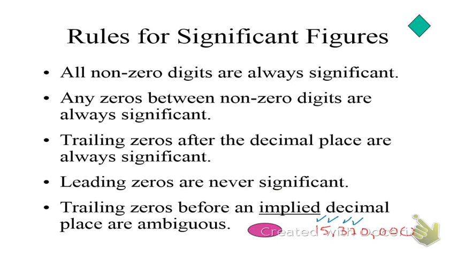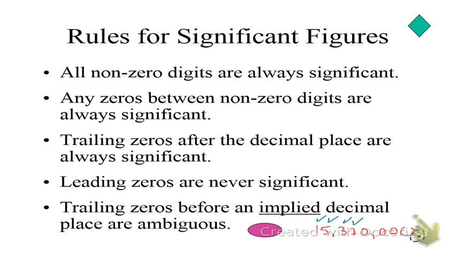I got 4 non-zero digits. Those last 4 zeros are trailing zeros before an implied decimal. If I were to ask you, I bet you would tell me the decimal is right there. But it's implied because no one really put it there. So you'll see me put a dash around it, because it's implied.